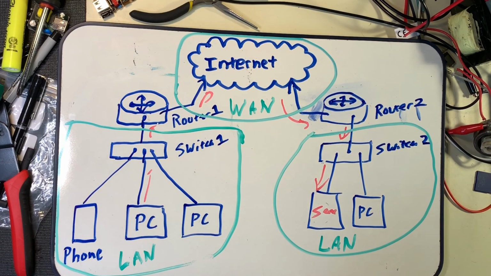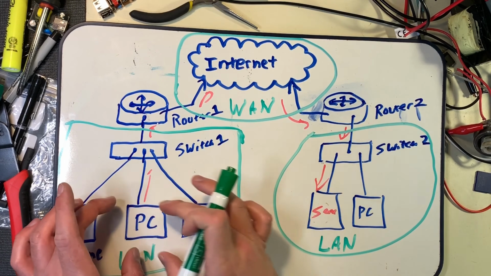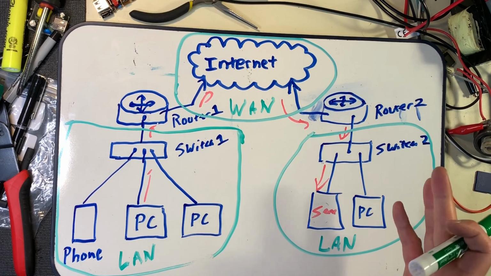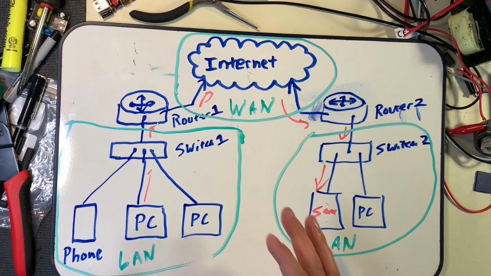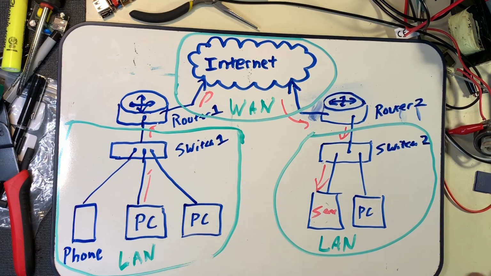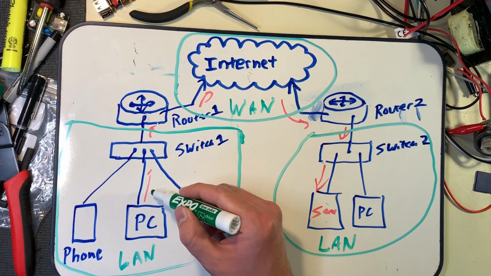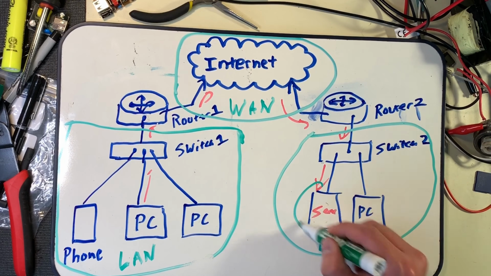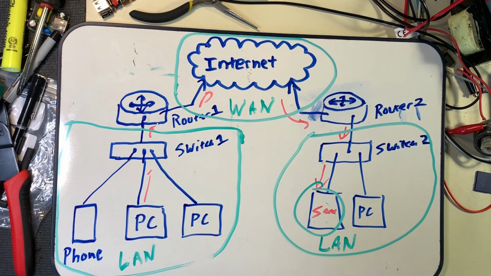Now, in an ideal world, each of these devices would have its own globally unique address. There wouldn't be any 2 machines in the world that would have the same IP address, which would mean that if this PC was trying to talk to this server, it could send it directly to this server's IP address.